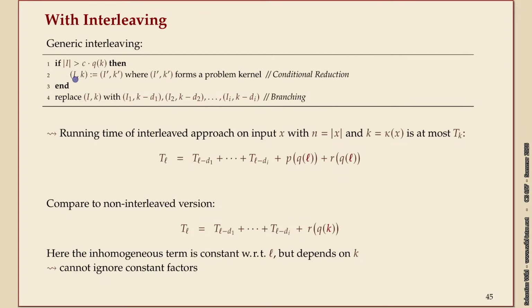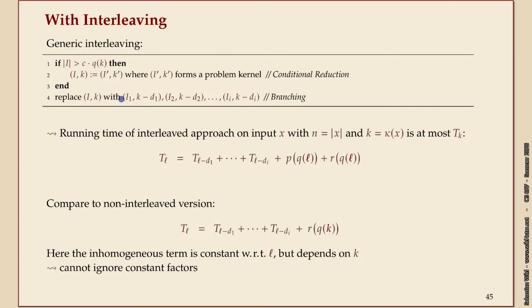Then it makes sense to run the kernelization again. So you run this kernelization and obtain the reduced instance. And then you do the branching on the reduced instance. And you do that recursively. Like this is to be inserted into your recursive algorithm.